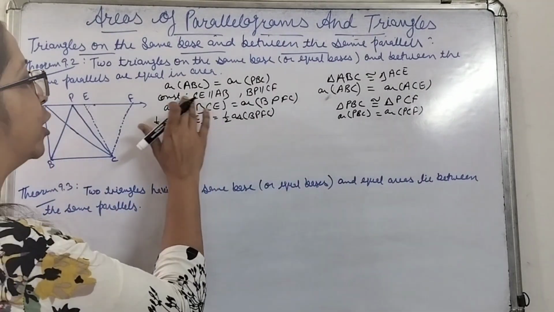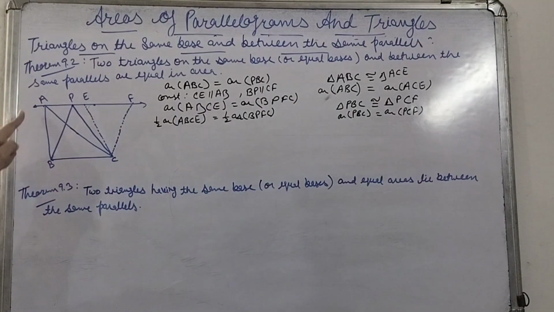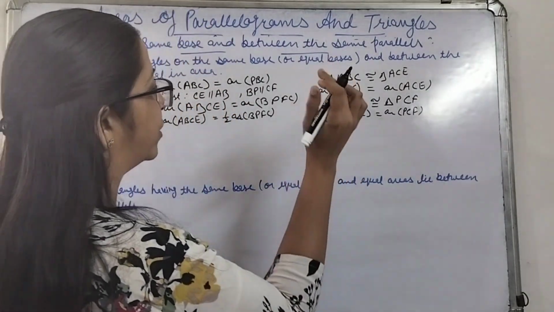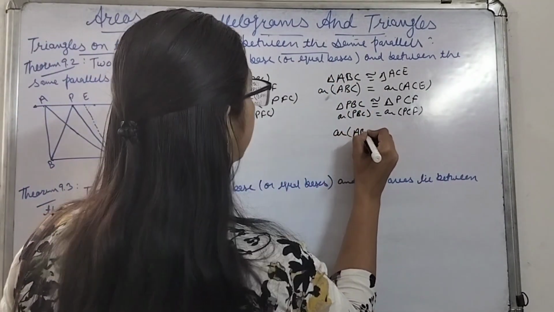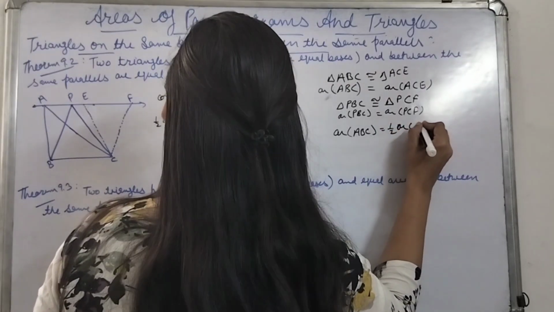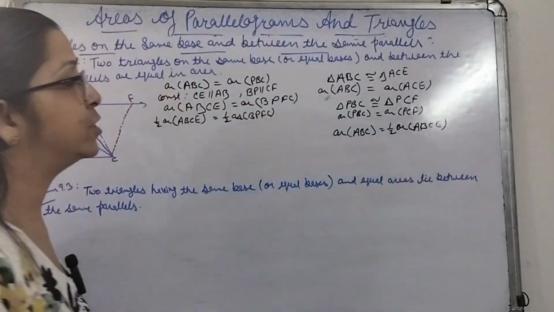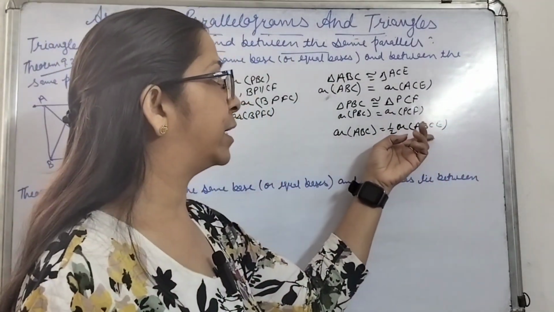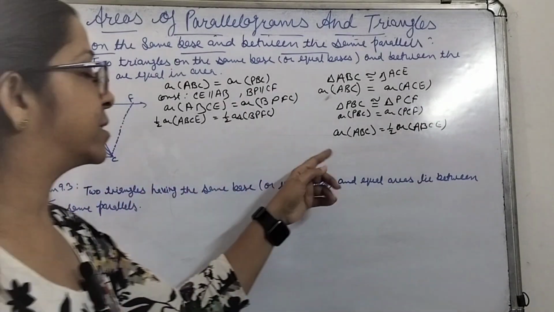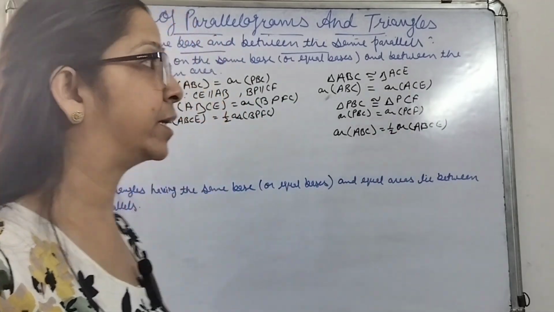So half of the area of parallelogram ABCE will be the area of ABC, because we know that the area of triangle ABC will be half of the area of ABCE, because these two, the triangle and the parallelogram, are on the same base and between the same parallels. That's the reason the area of triangle ABC will be half of the area of ABCE.